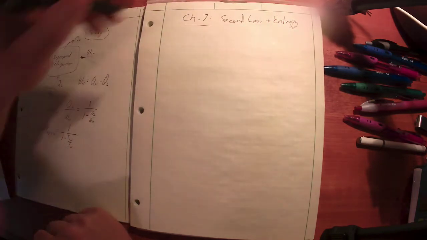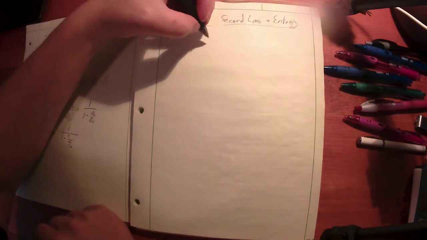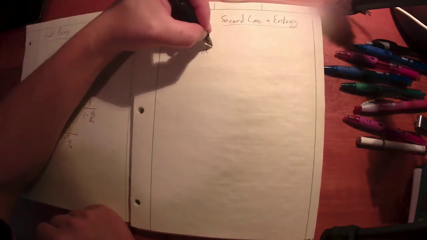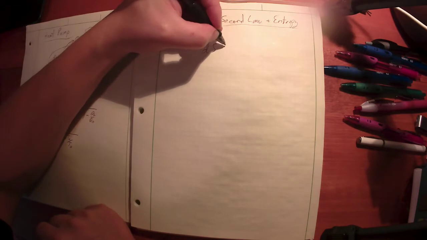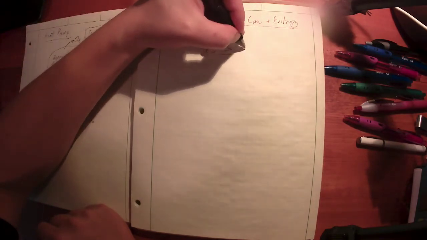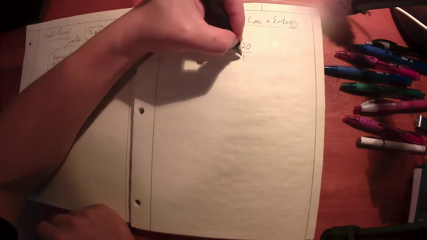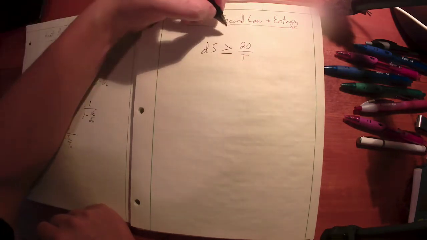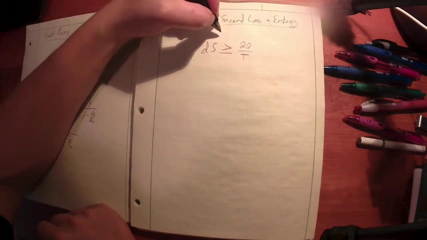Okay, so we talk about the second law and entropy. Our good friend Clausius came to the realization that a change in entropy is always going to be greater than or equal to the heat transfer that causes it divided by temperature. Now, this was not actually his conclusion.